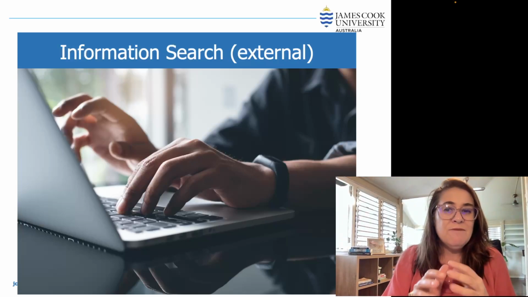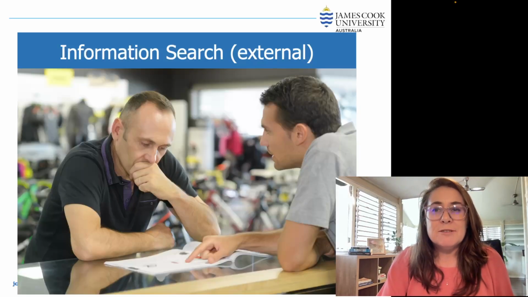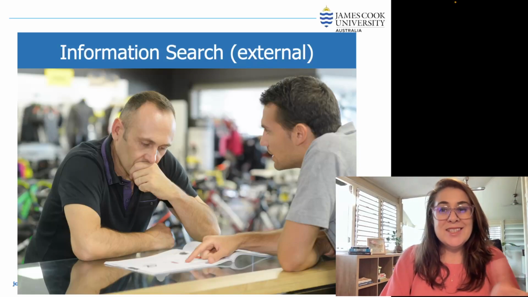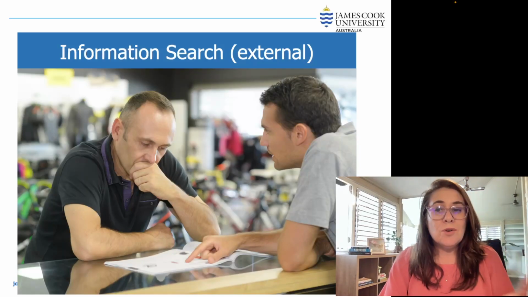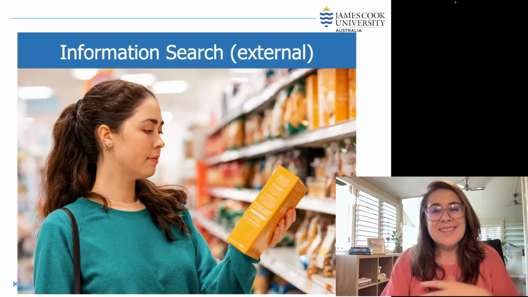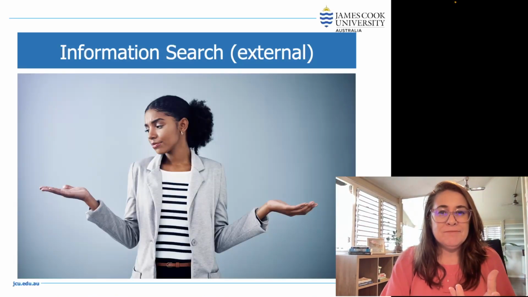And we might look at product information sites or read reviews or forums. Consumers might even seek professional opinions, such as going into a store and speaking to a sales representative. They might refer to packaging on products or displays in store to gather further information.